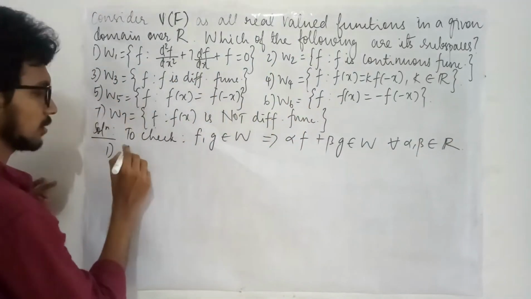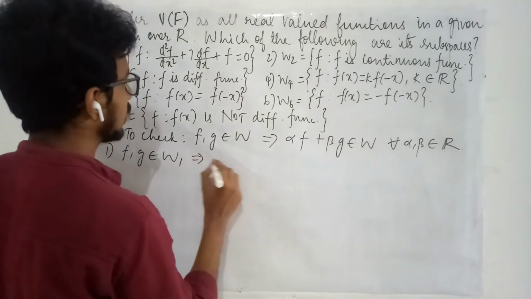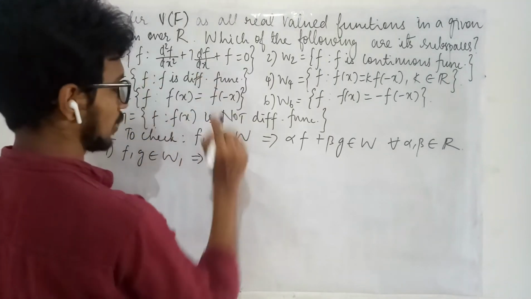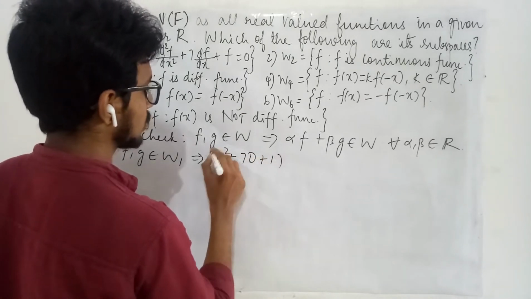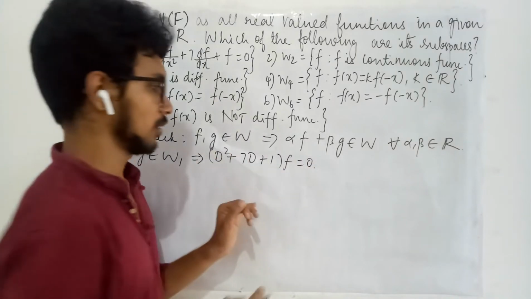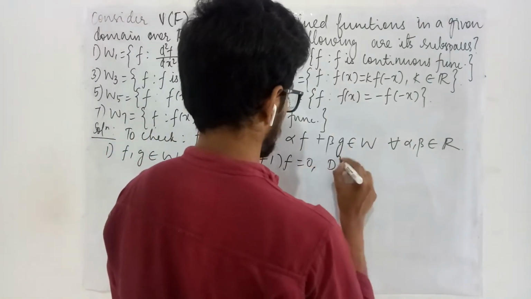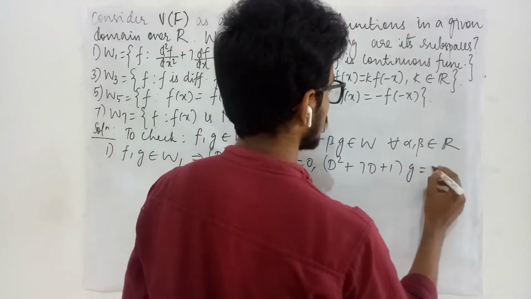In the first, let me take these two from W1, which means d square plus 7d plus 1 times f is 0, in a shorter notation, and d2 plus 7d plus 1 times g is 0.